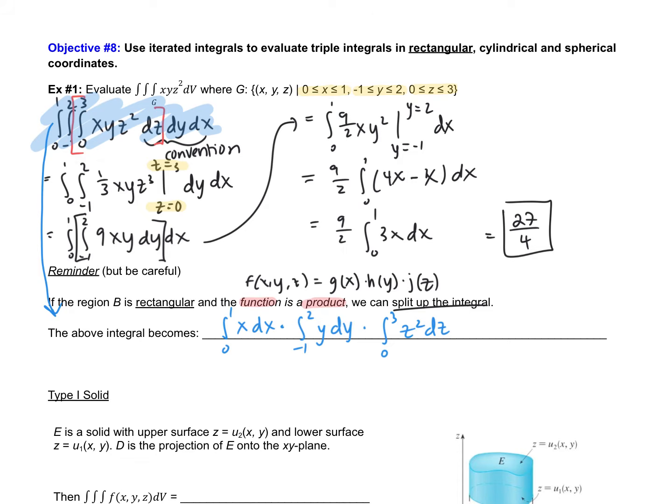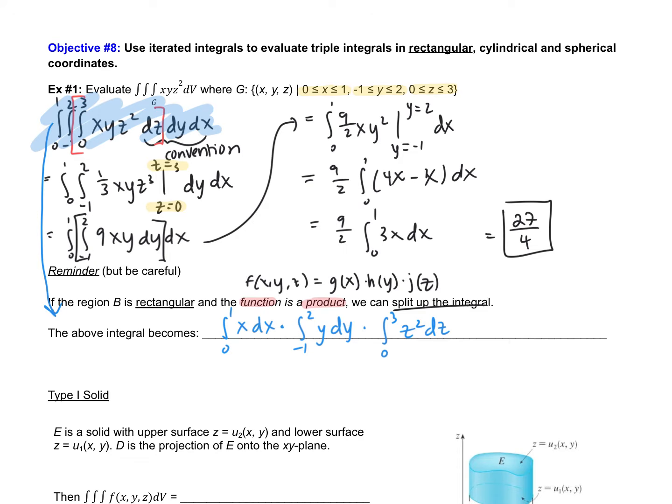So that might have been a little bit kinder with our simplifying or our integrating, but we have to be careful with this. You have to make sure that you have rectangular coordinates, so x, y, and z are between two constants, and you have to have a function that can be written as a product of three different functions. Okay, so moving on.